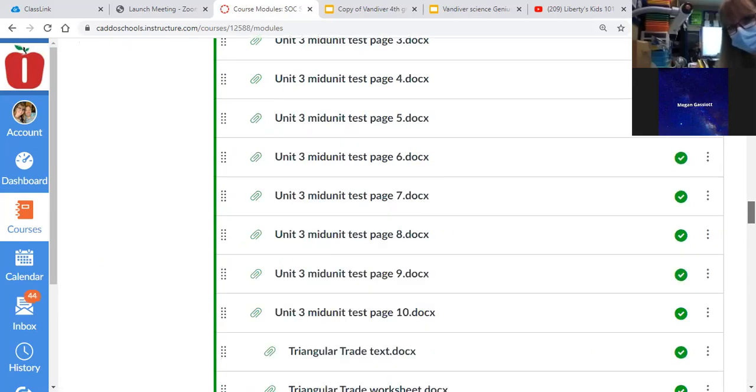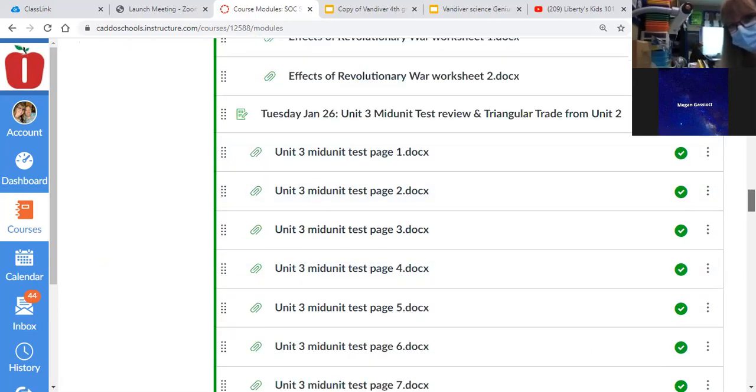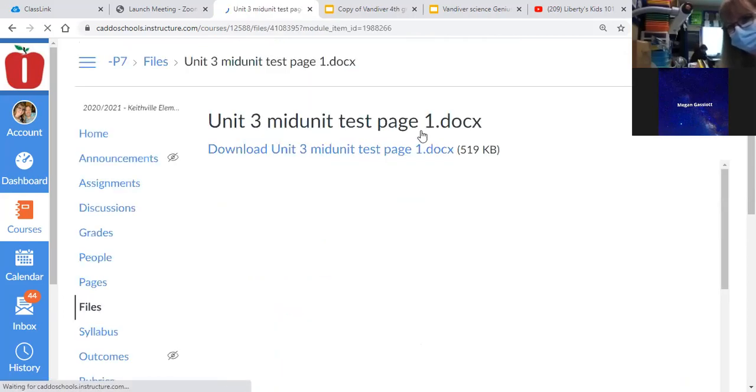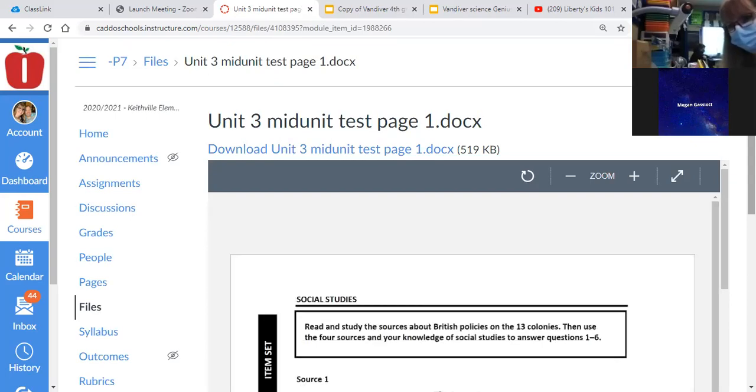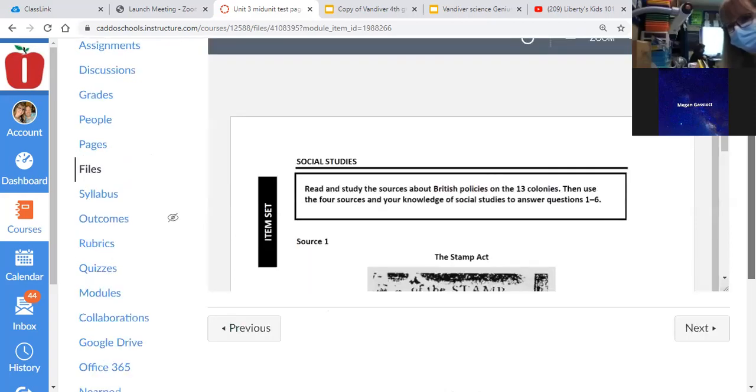I have all the copies of every single page in here. So everyone, click Unit 3 Mid-Unit Test, page 1. There are 10 pages to this test.